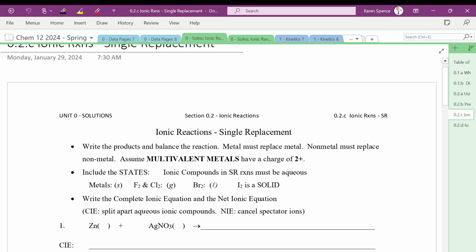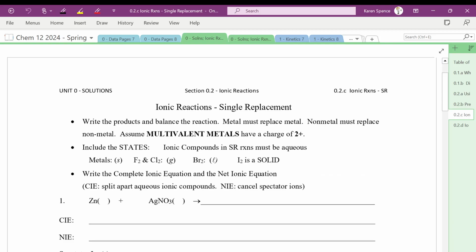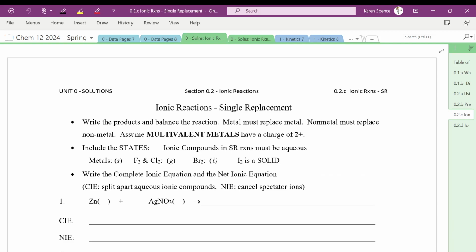This is on page 23. Okay, page 23. And when we have a single replacement reaction, we are always going to have an element, and then it is going to be plus an ionic compound.